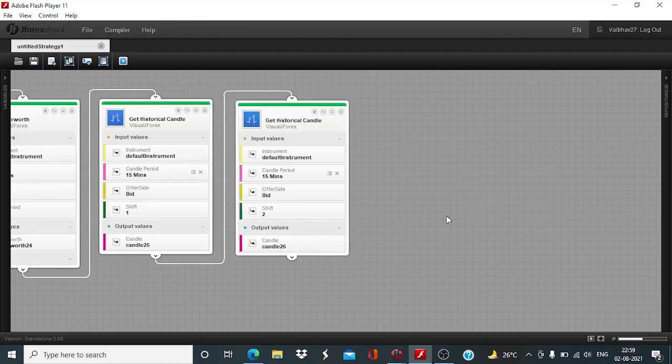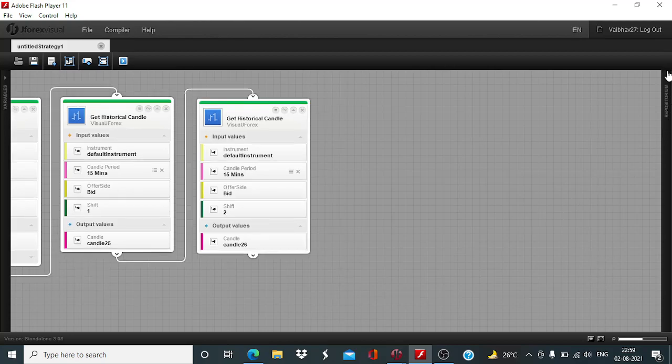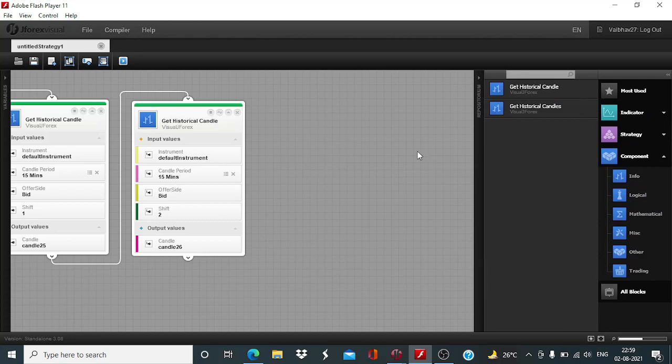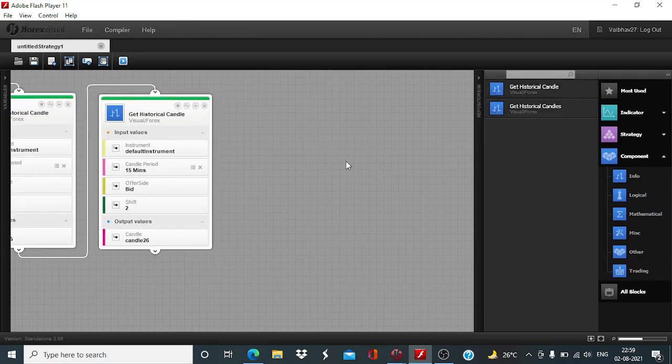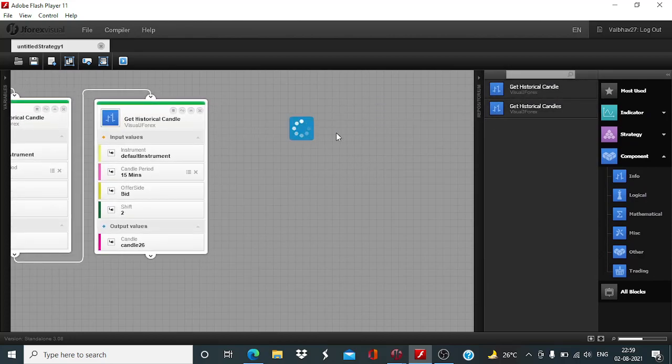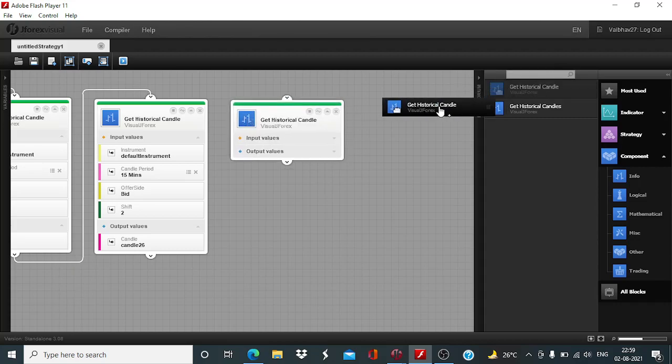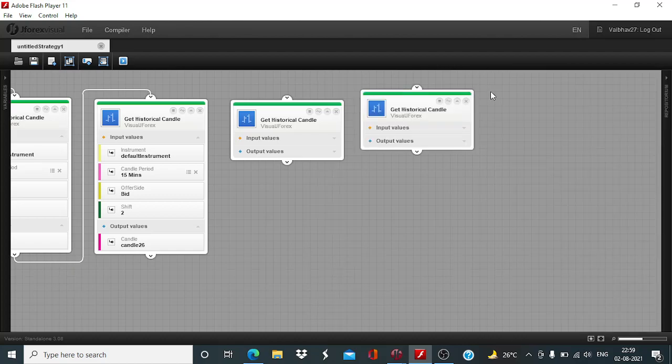Okay, and after this we will also be taking the help of 10-second candles to define the exact entry point. So for that we are going to need 2 more of these get historical candle blocks.